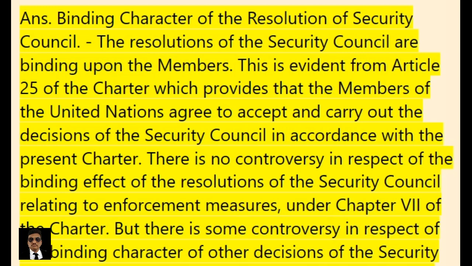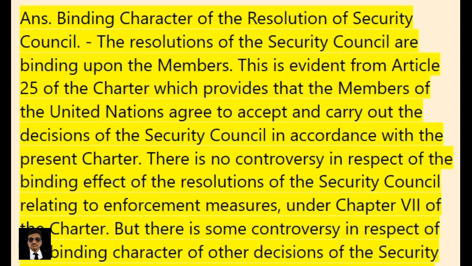This is evident from Article 25 of the Charter, which provides that the members of the United Nations agree to accept and carry out the decisions of the Security Council in accordance with the present Charter. There is no controversy in respect of the binding effect of the resolutions of the Security Council relating to enforcement measures under Chapter 7 of the Charter.